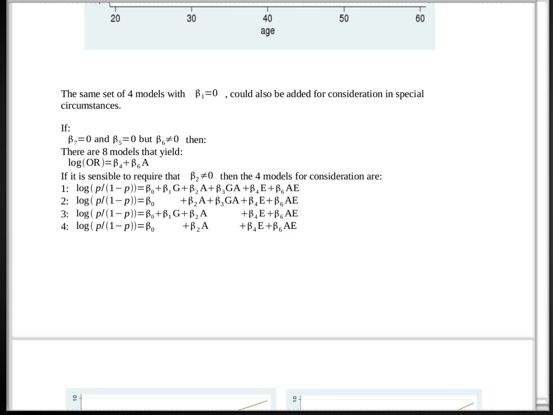Model 1 being the complicated form of it, and models 2, 3, and 4 less complicated. Again, model 3 giving us a parallelism assumption, and model 4 a crude model, if that word crude even applies here. But more again, the model 4 is the so-called one-at-a-time model, where we are not considering gender at all.